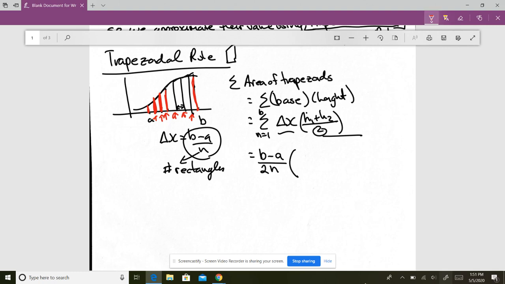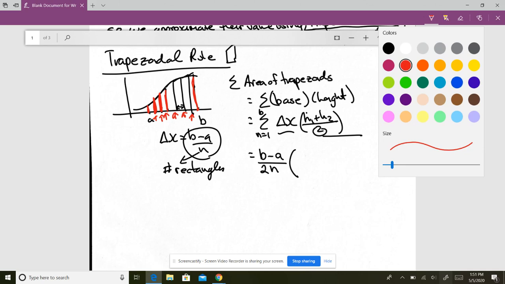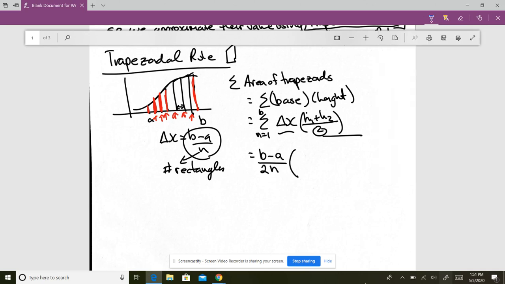And we're talking about the height. So as a function, you're writing in blue, it's f of x0, which is essentially the first one, a here, plus 2 times f of x1 plus 2 f of x2 for this one and this one. All these are getting added twice in this formula.